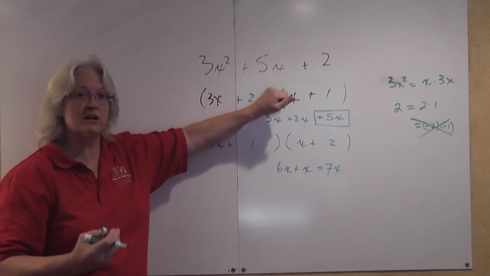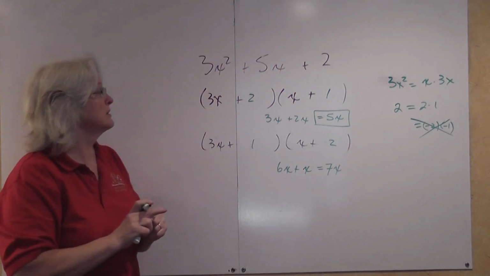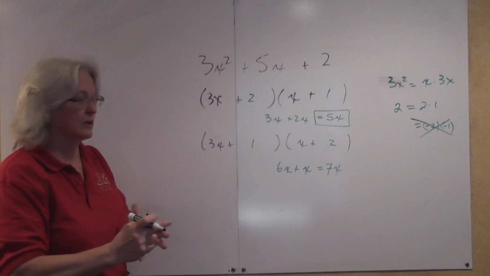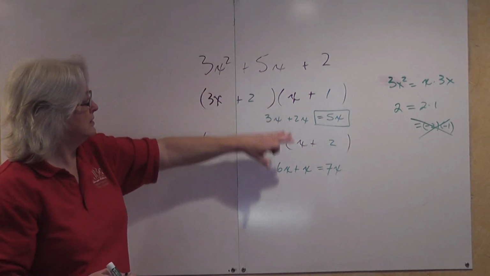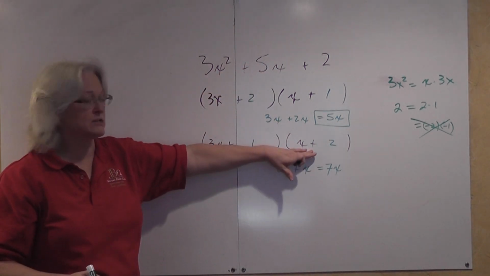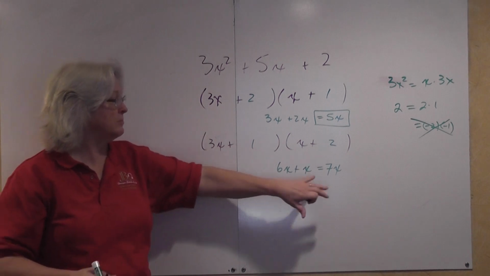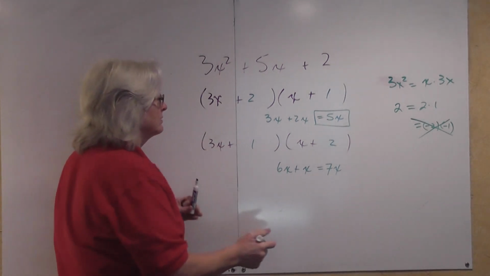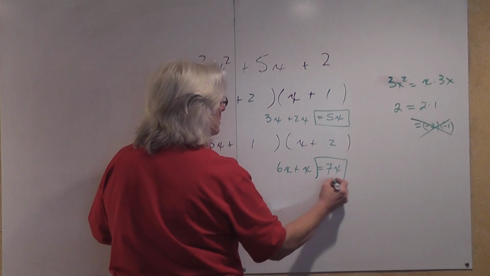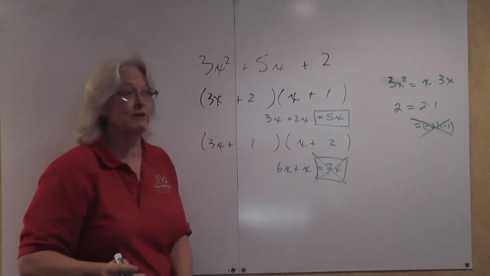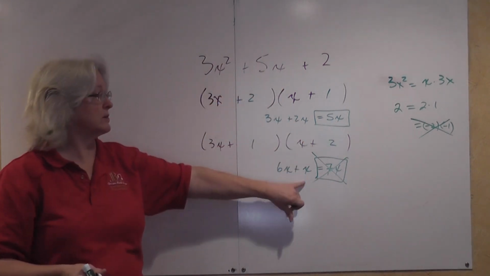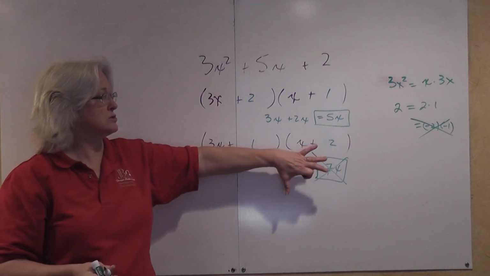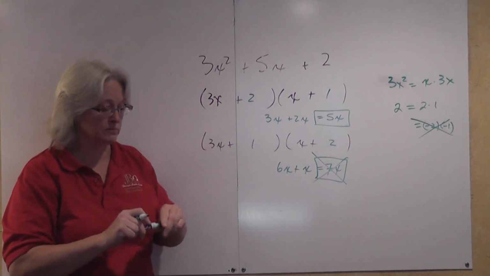And this is represented by bx in our generic formula. We tried this other pair here. The sum of our outer product and our inner product was 7x, and 5x is not equal to 7x, so this is not the factorization.